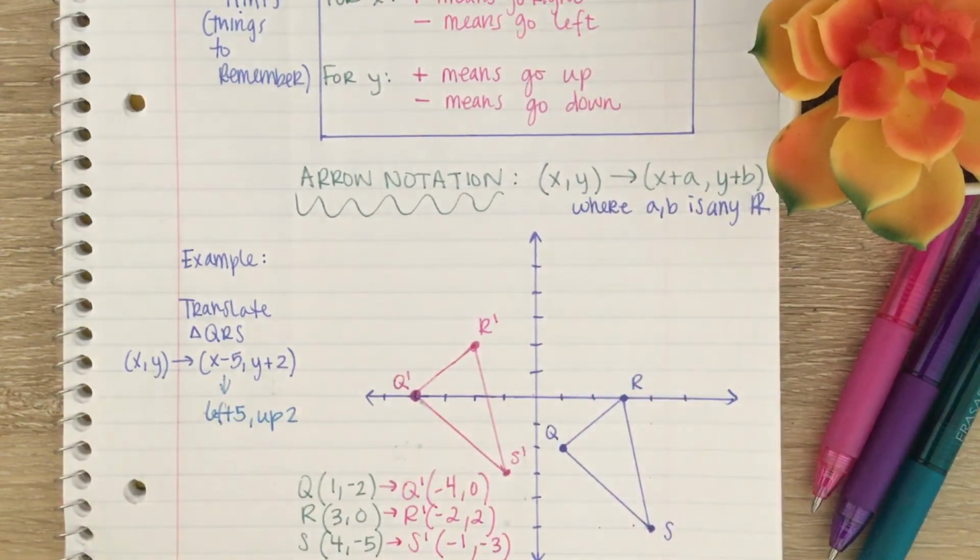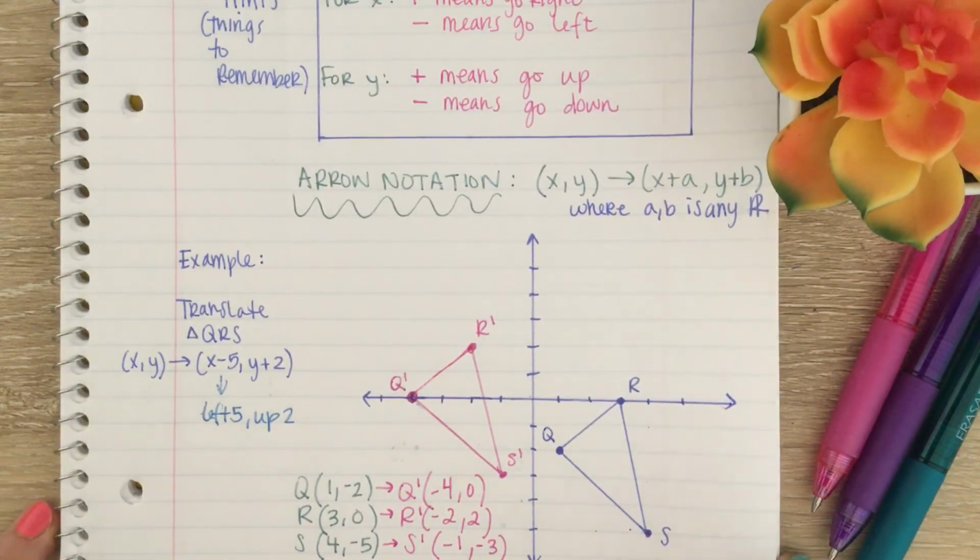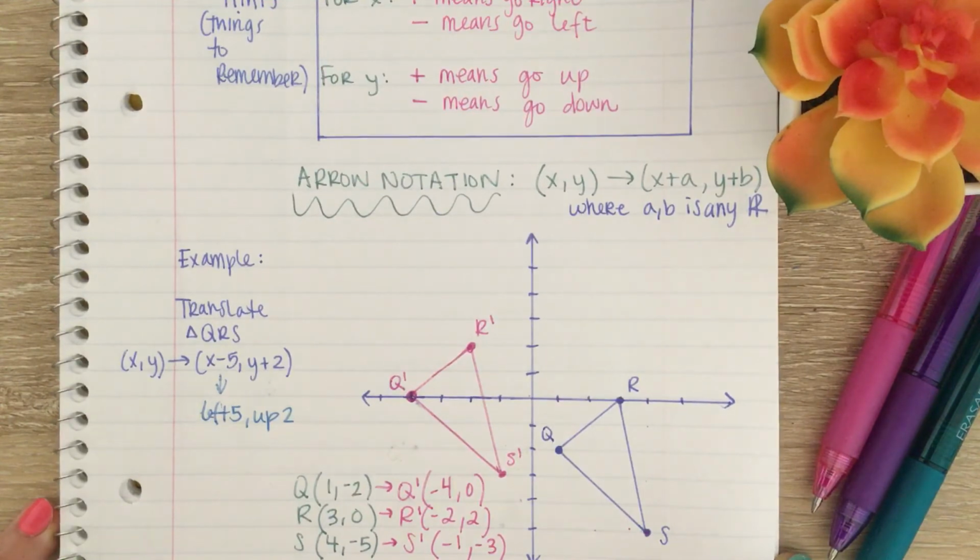Yes, it is. How perfect. This might be confusing to some because we have a little trouble with negatives, but that's okay. A calculator is your friend. You can use a calculator if you want. But this is how you use arrow notation when you're translating an image.